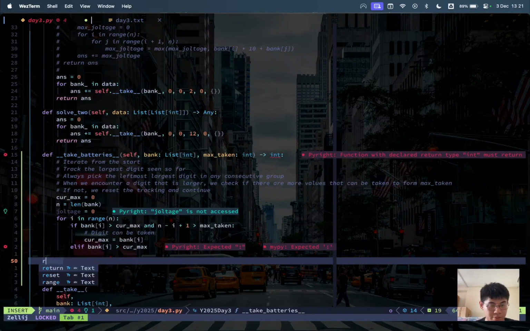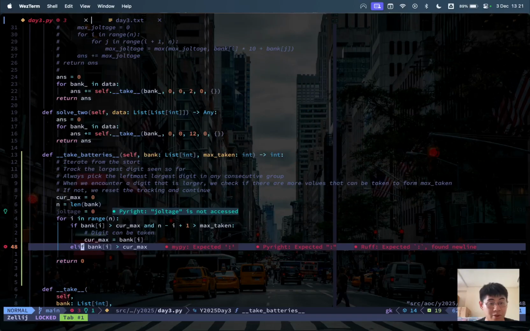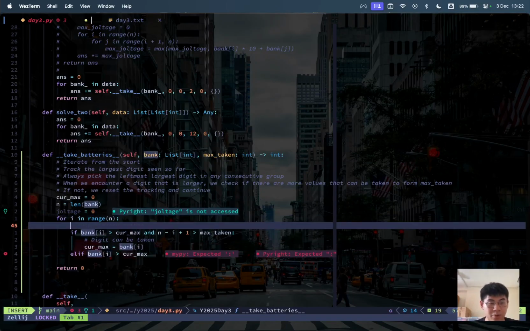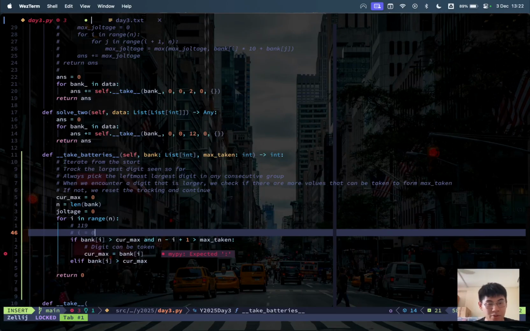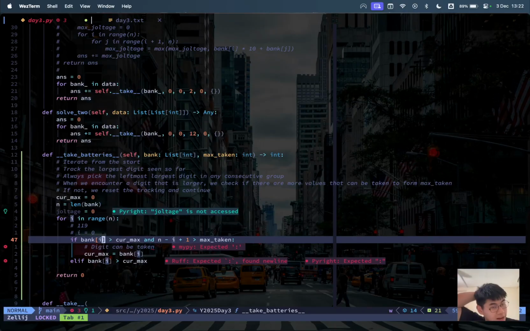Okay, let me just return 0 so it stops complaining about this. But essentially, let's suppose that I'm working on the case of something like 119. If I equals 0, bank of I, which is 1, is greater than the current max, which is 0.